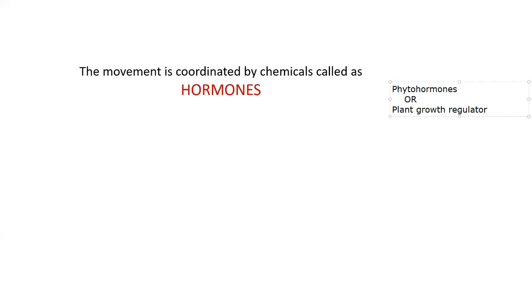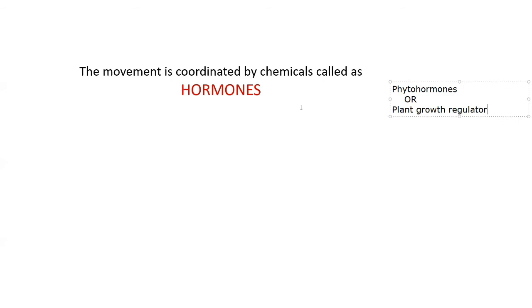So when we talk about plants, the hormones responsible for bringing about movement in plants are called phytohormones, or they are also called plant growth regulators, or simply plant hormones. I hope you have all understood it.